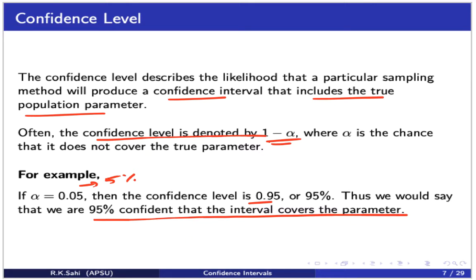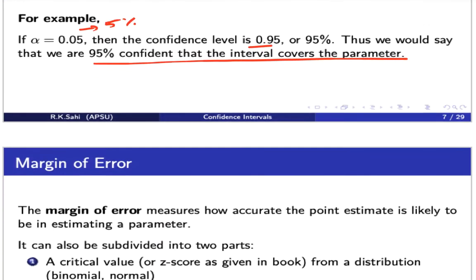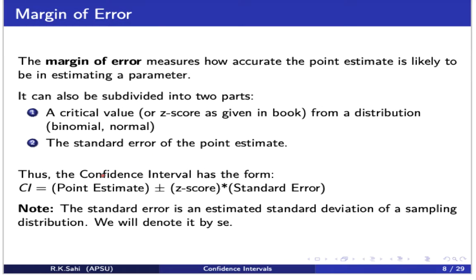As I said, the confidence interval is the point estimate (PE) plus minus the margin of error. This margin of error includes the uncertain part, and that is given by the Z-score and the standard error. So this is the one.